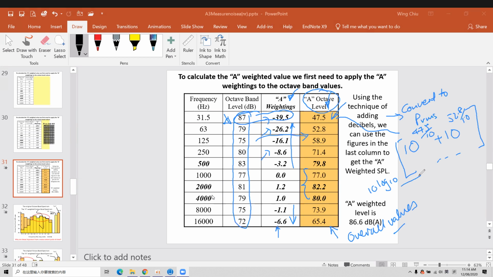But please refer to the notes, and you should be able to get the correct formula to do this tutorial.